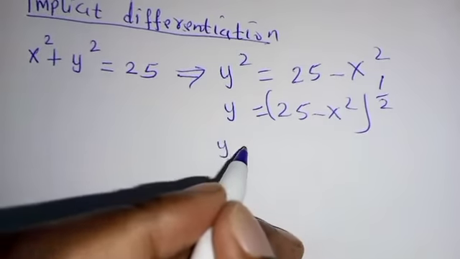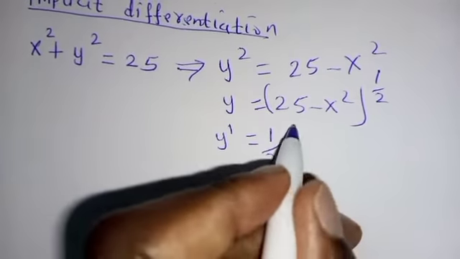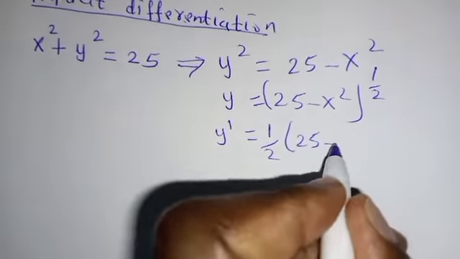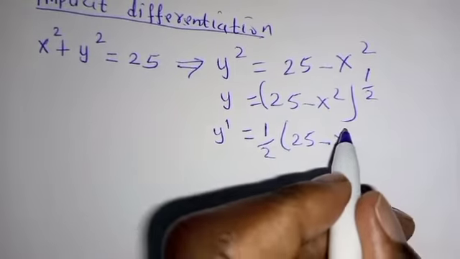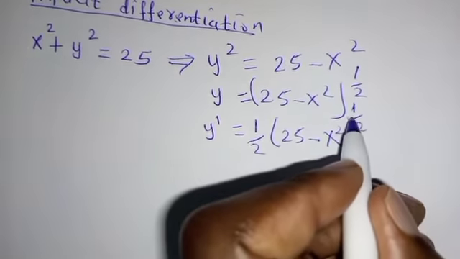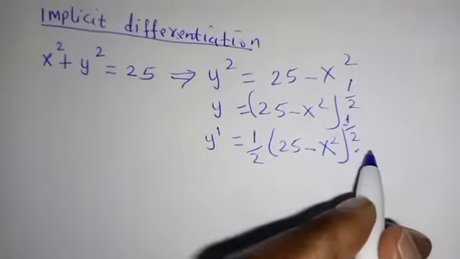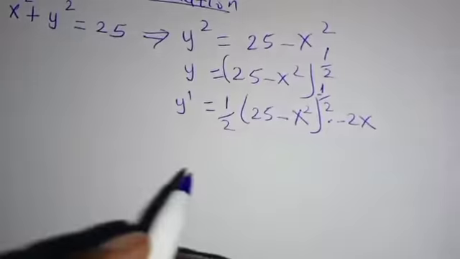So y prime is equal to half (25 minus x squared) power negative half, because it is a minus 1 multiplied by negative 2x.